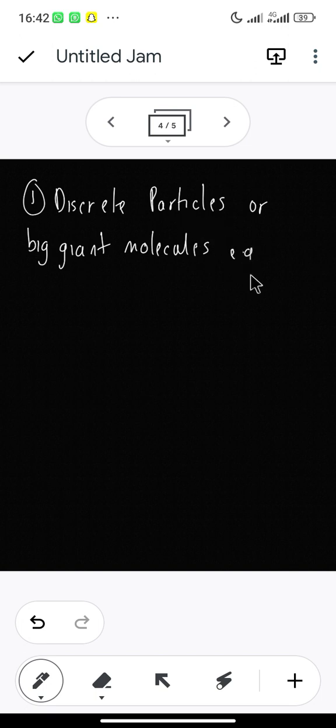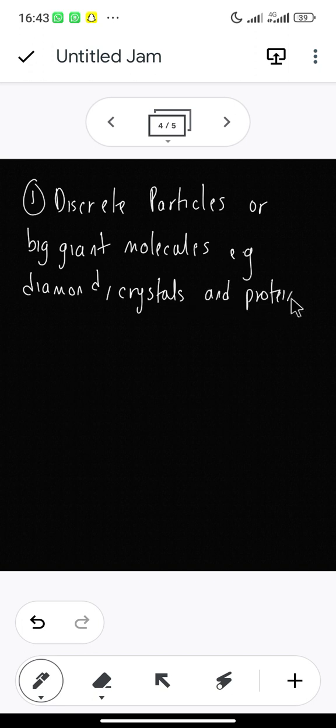Examples: we have diamond, crystals, and protein. When we talk about discrete particles, we mean bundles of atoms which are not joined to other atoms in a network. Understand? They can also exist as big giant molecules, like diamond, crystals, and proteins.